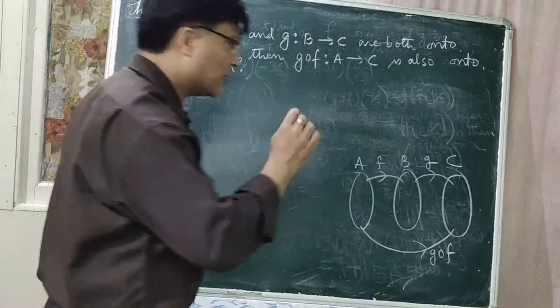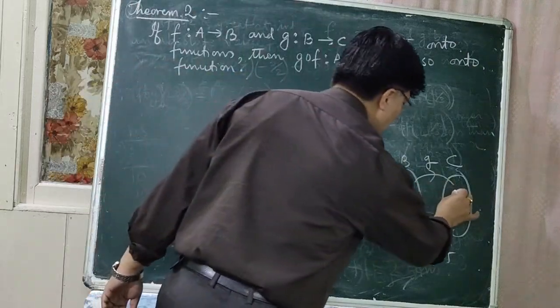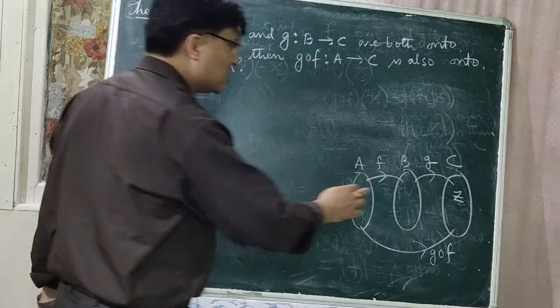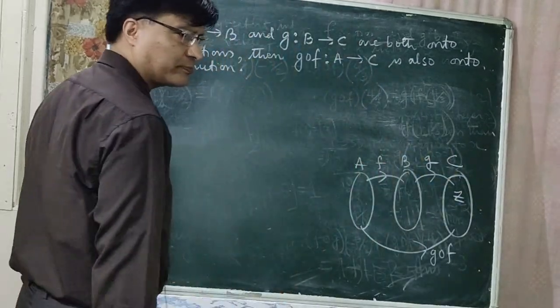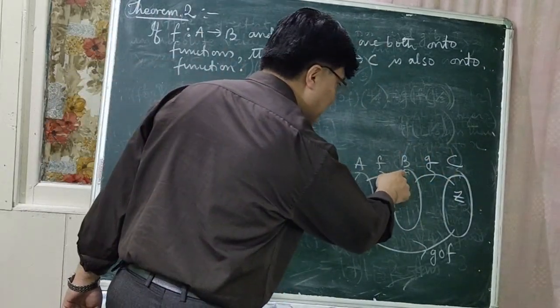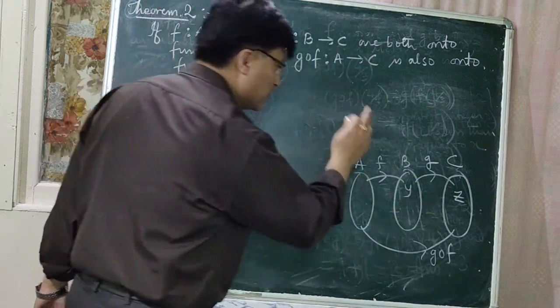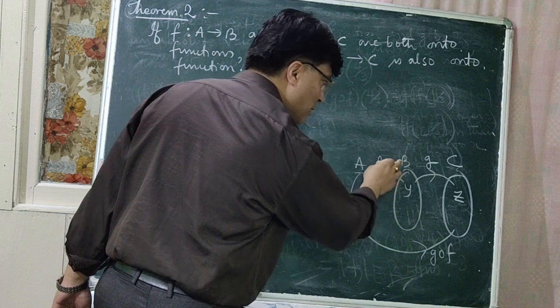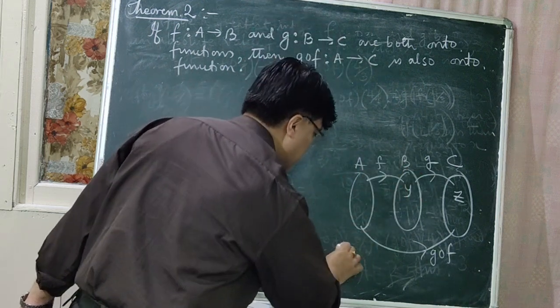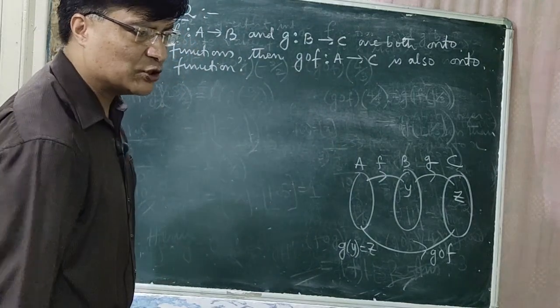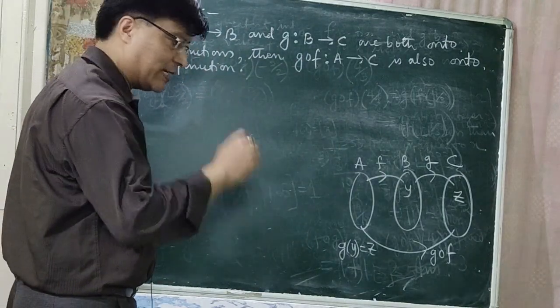Now, suppose z belongs to the set C. Then there exists y that belongs to the set B such that g of y is equal to z.